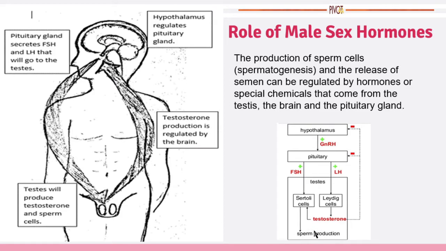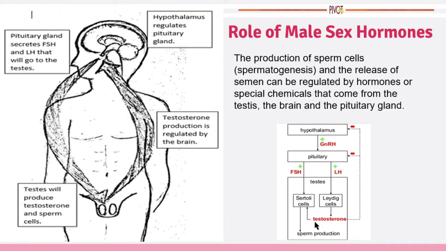If the sperm count reaches 2 million per milliliter, the Sertoli cells cease the release of inhibin and the sperm count increases. So remember, it depends upon the amount of the sperm cells and the testosterone, which will send the negative feedback to the hypothalamus and pituitary gland.